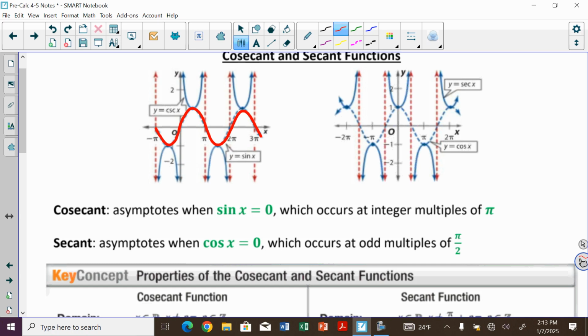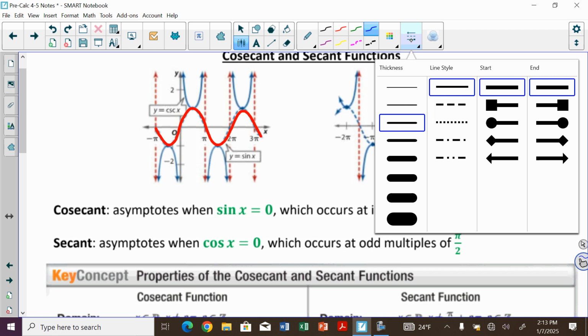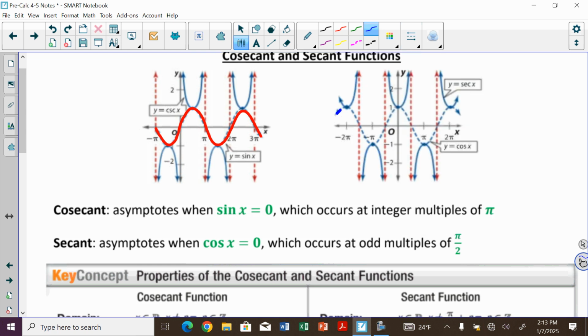Same thing over here with secant. Secant is the reciprocal of cosine. So if you look at the cosine graph here, then you can see how the secant graph is going to work, based on cosine's maximums and minimums touching there.